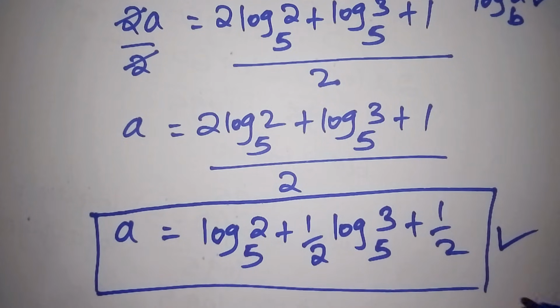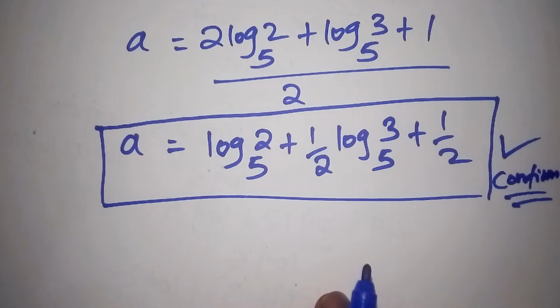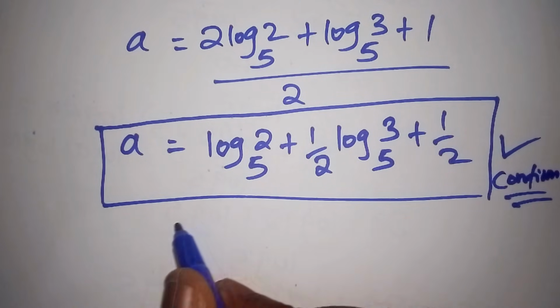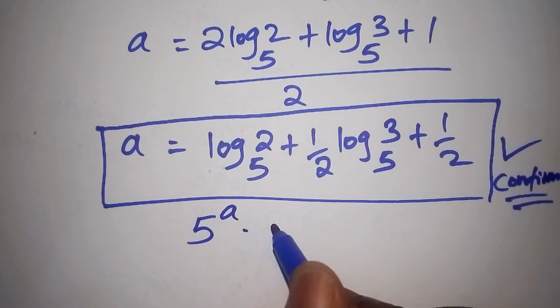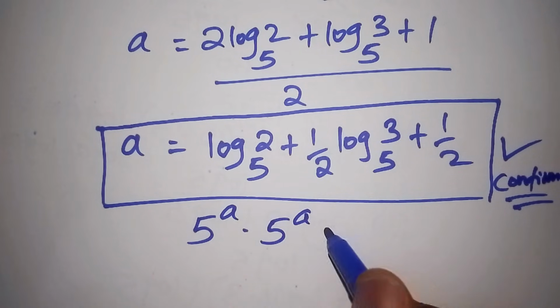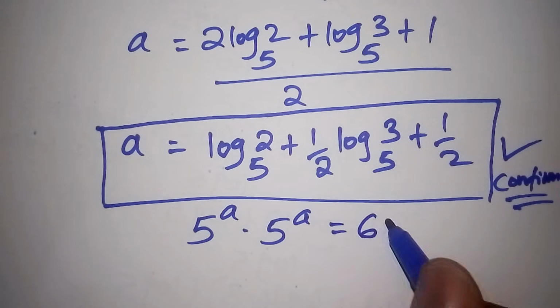So we can still confirm this answer and check if it is indeed true. Let's bring the problem that we had. We had 5 to the power of a multiplied by 5 to the power of a equals 60.